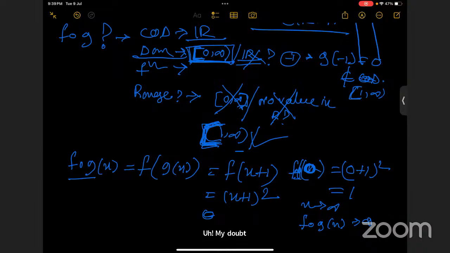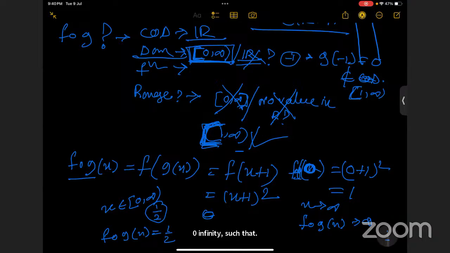Okay, so see, if I take something less than 1, suppose half, is there any point belonging to this set, 0 to infinity, such that f compose g equals half?